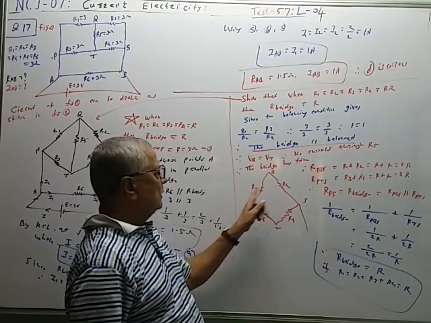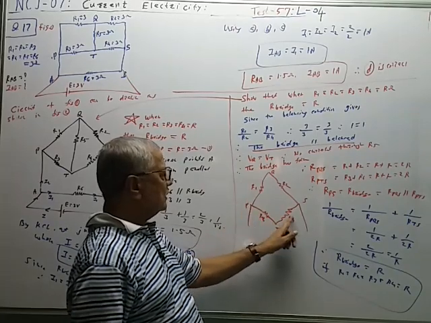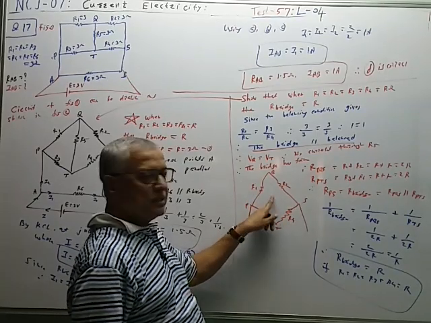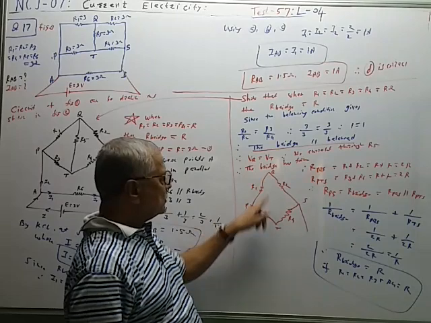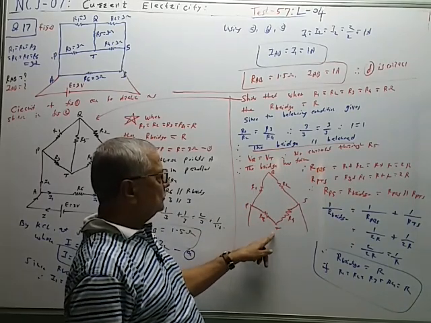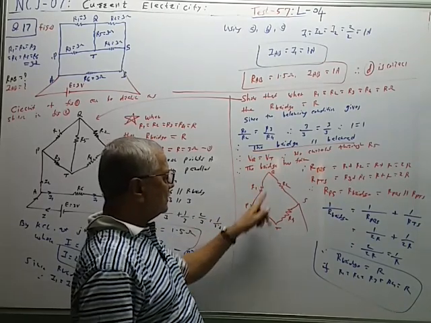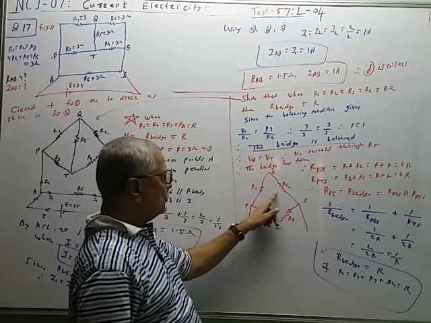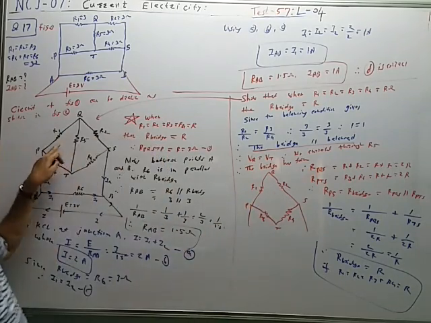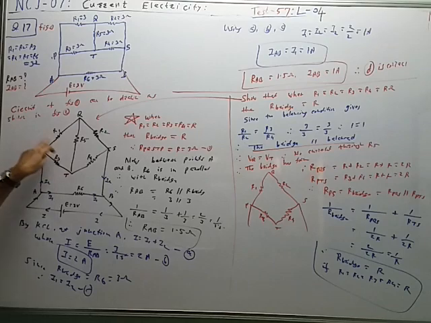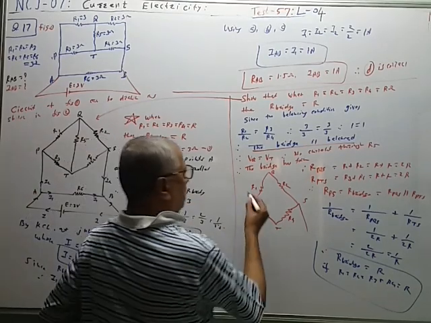Hello. So here सर्व relations 3 3 3 3 है. So 3 upon 3 is equal to 3 upon 3. Bridge is balanced. In the balanced bridge, these two points are equipotential. So VQ and VT are equal. Therefore, there is no flow of current in the branch Q T. Therefore, we can remove this R5. So after removing R5, the circuit will become like this.